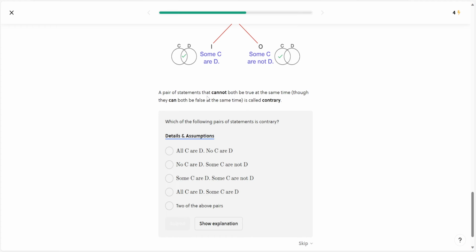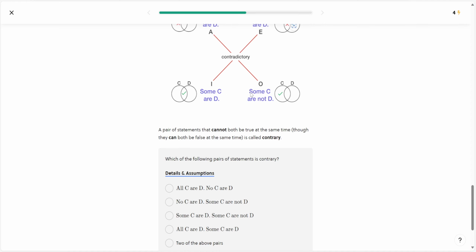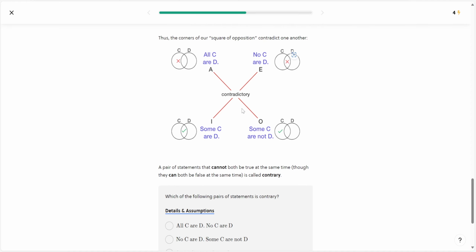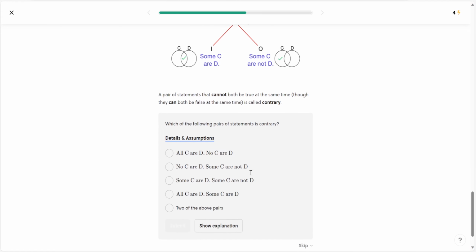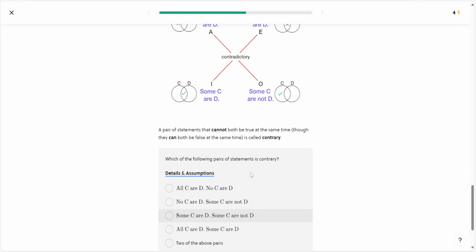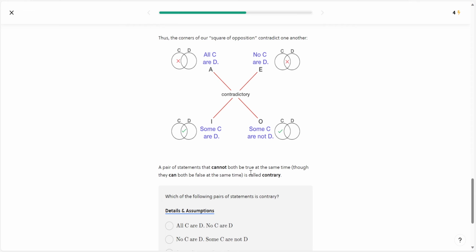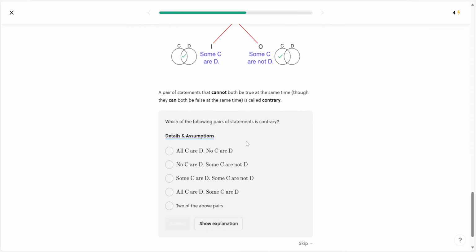Right, a pair of statements that cannot be true at the same time. What's the difference between contrary and contradictory? The fact that they can be false at the same time. I don't know why I'm struggling so much on this. So they're contradictory.